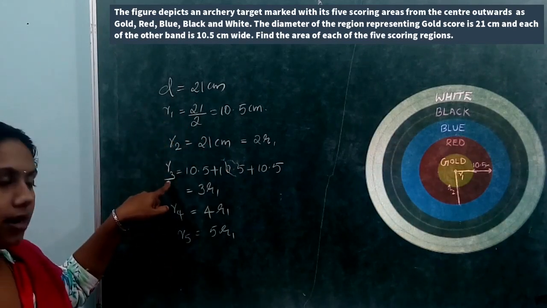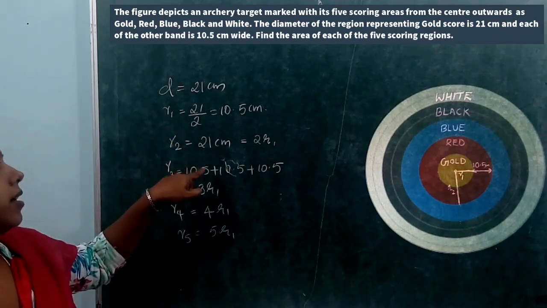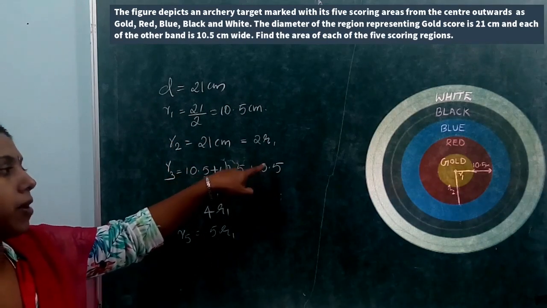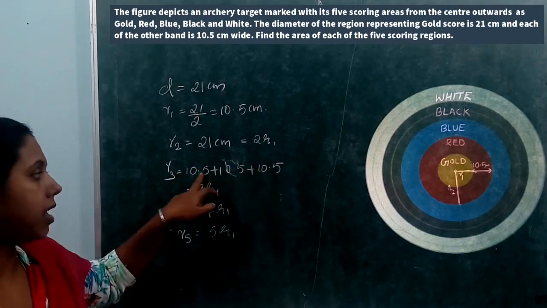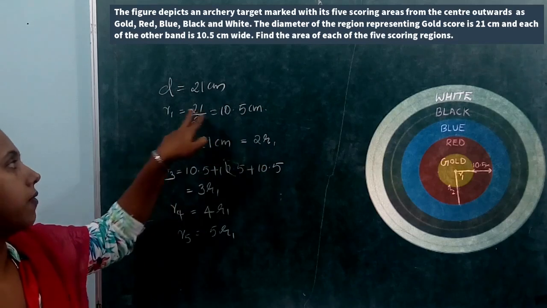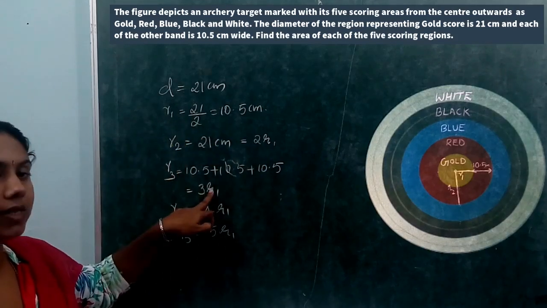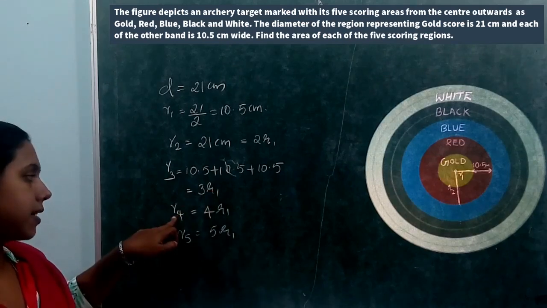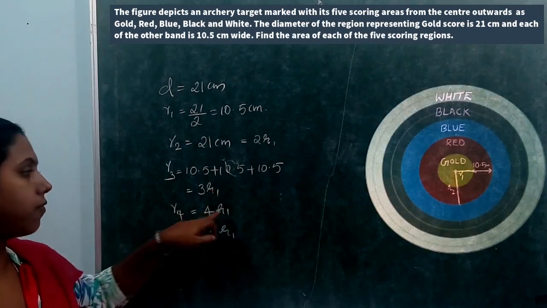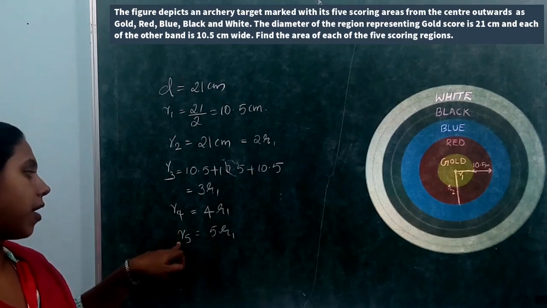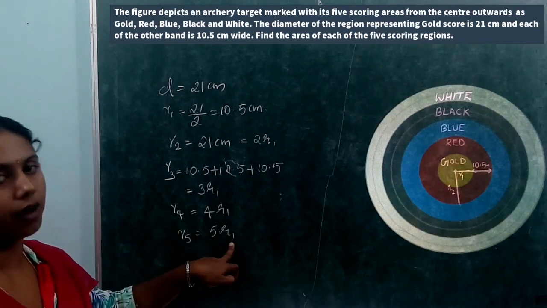And R3 is equal to 10.5 plus 10.5 plus 10.5, that means 3 times the first radius. You can take R3 as 3R1. Then similarly R4 is equal to 4R1. R5 is equal to 5R1.